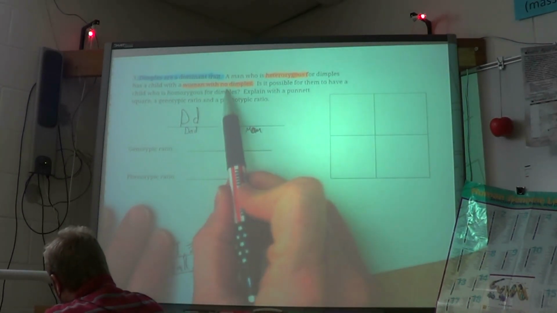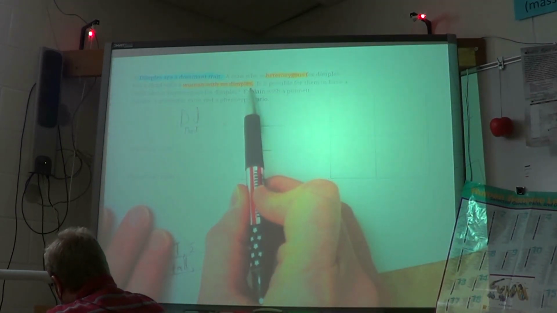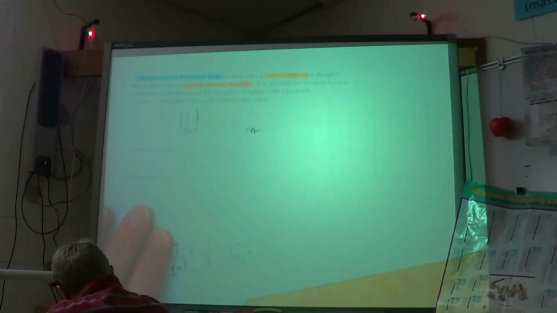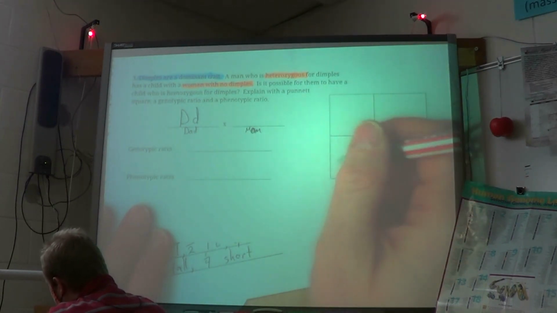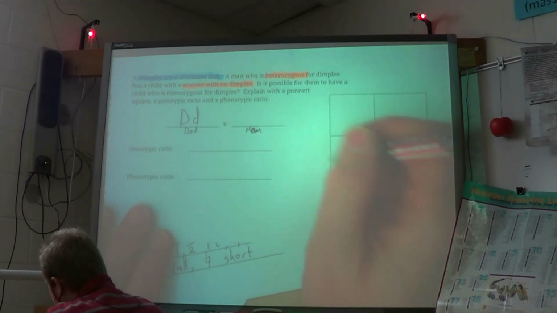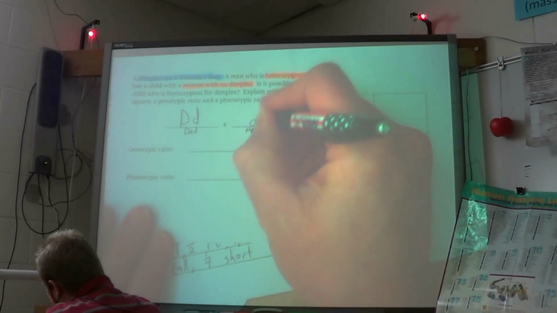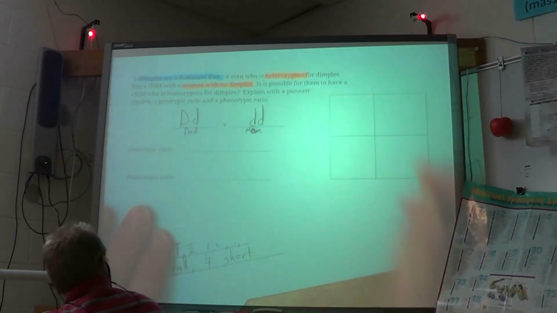Mom has no dimples. So is dimples the dominant or recessive trait? Recessive. And what must the genotype be if we see the recessive trait? It has to be little d, little d.